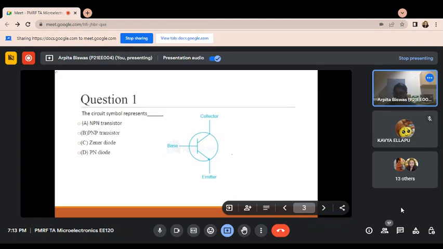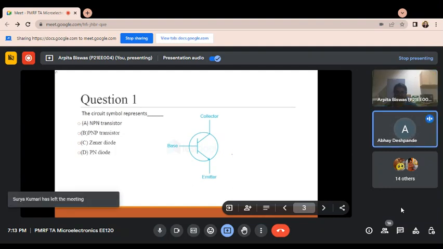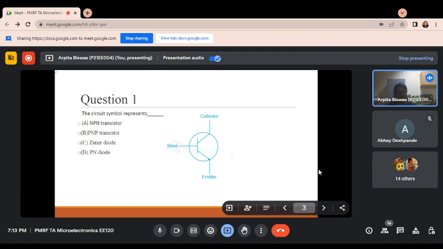Abhay, please unmute yourself. Yes, sir. What type of transistor is it, or what type of bipolar BJT is it? Hello. Yes. What is the right answer? Abhay, what is the right answer?